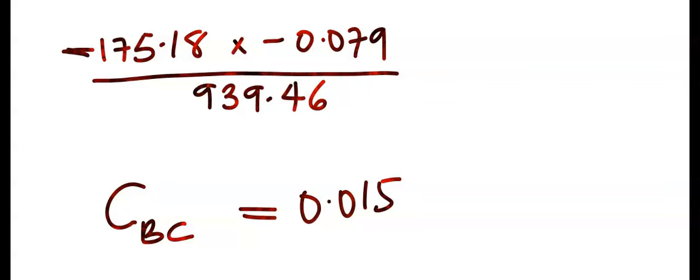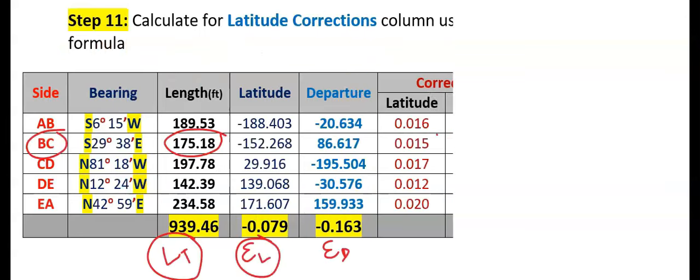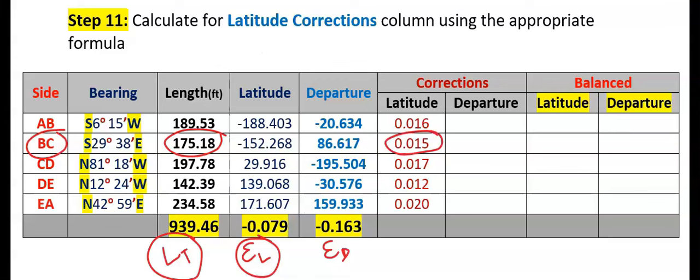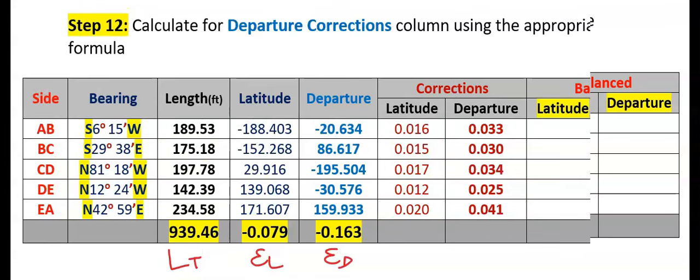Always remember this negative, and this negative came with the total sum of the error of the latitude, and that was how we got this. Using this same formula, you can do for DC to get this, for DE to get this, and for EA to get this.